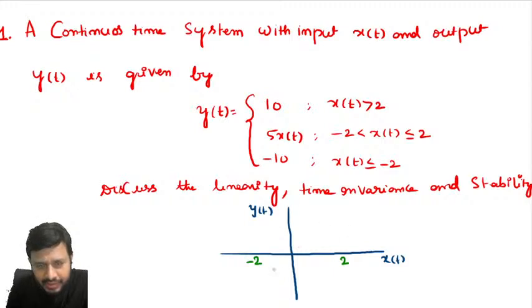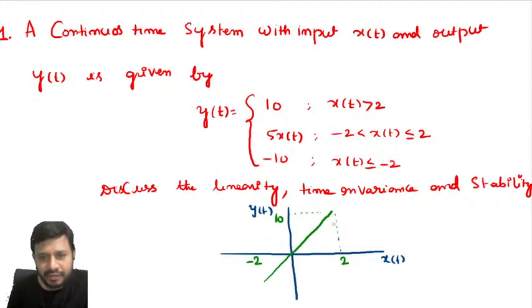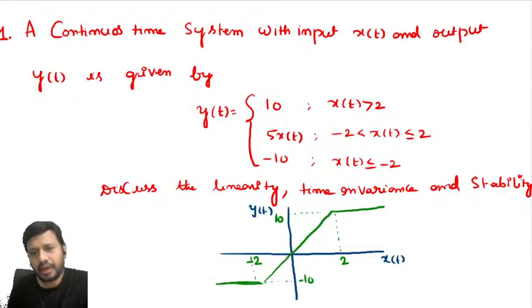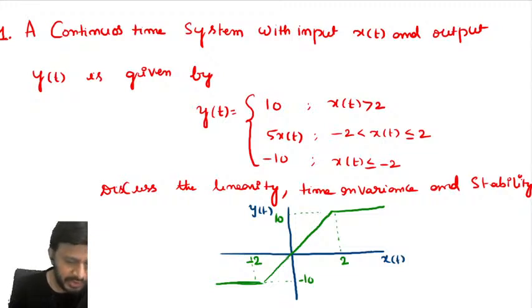So between -2 to 2 it is 5x of t. At 2 it will have a value of 10 because 5x of t. After 2, constant value. Here also the same. Yes, I got the input output relationship.